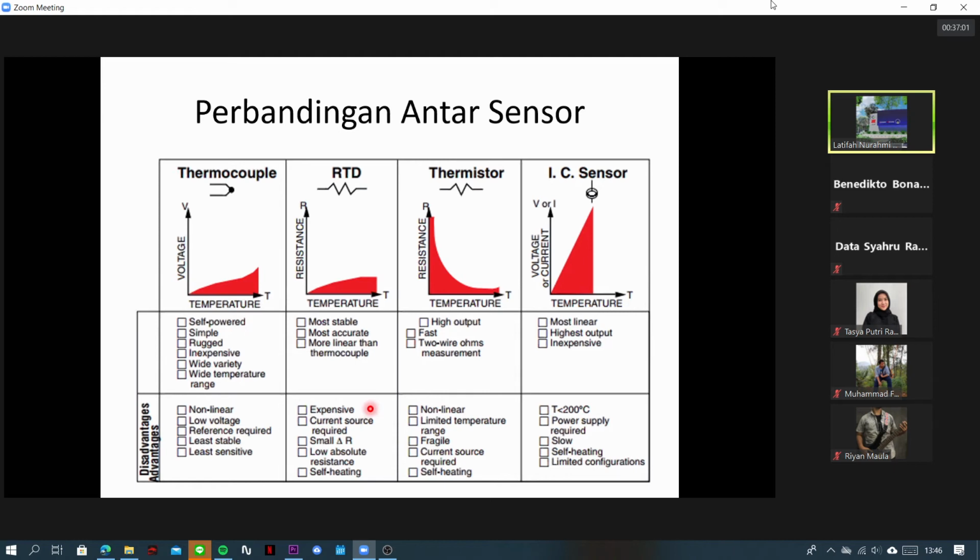As you know, this is most stable and most accurate. And we need a current source. We need an output source for this. And it is exposed to self-heating. For thermistor, it is highly nonlinear. Temperature range is quite limited, and also it is quite fragile.